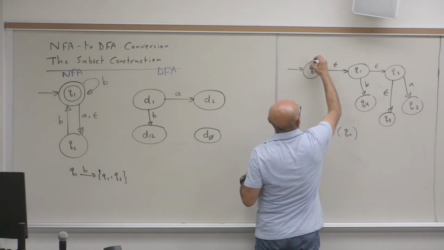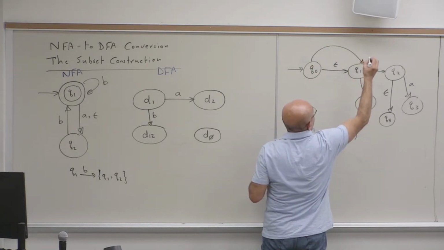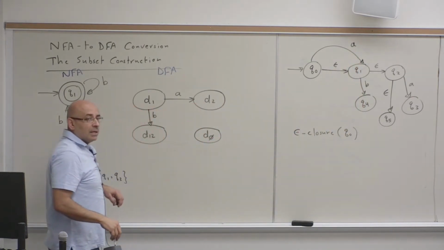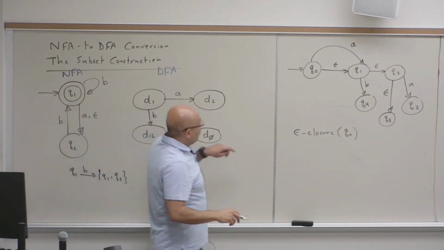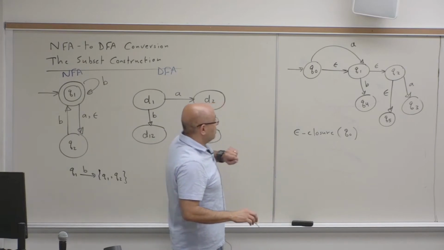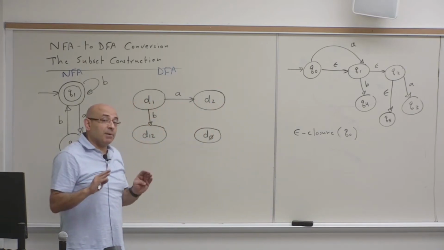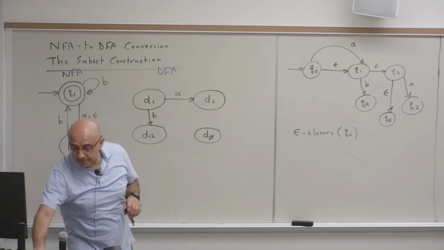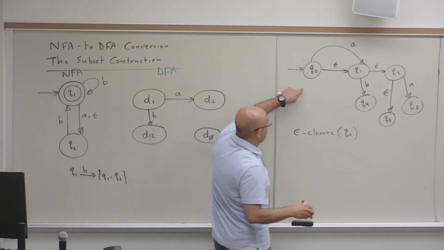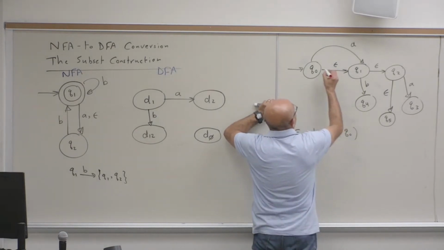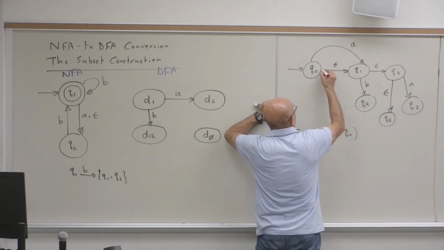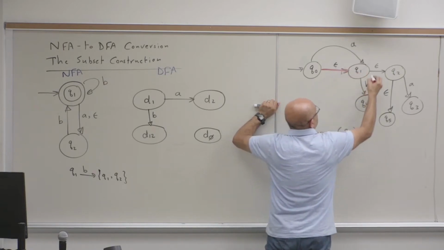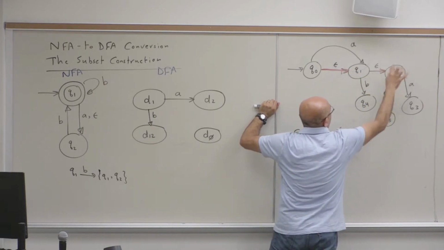Now, the epsilon closure of Q0 is Q0 itself plus all the states that can be reached from Q0 via epsilon transitions. So the epsilon closure of Q0 has Q0 itself. It will always have the state itself. And it will have Q1. It will have Q2 in it.